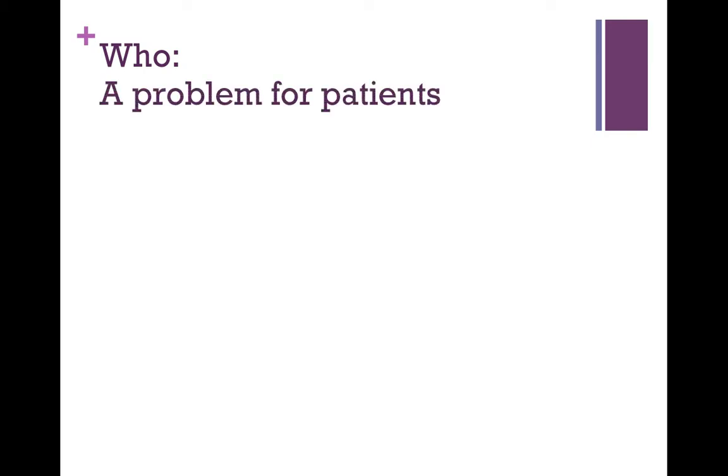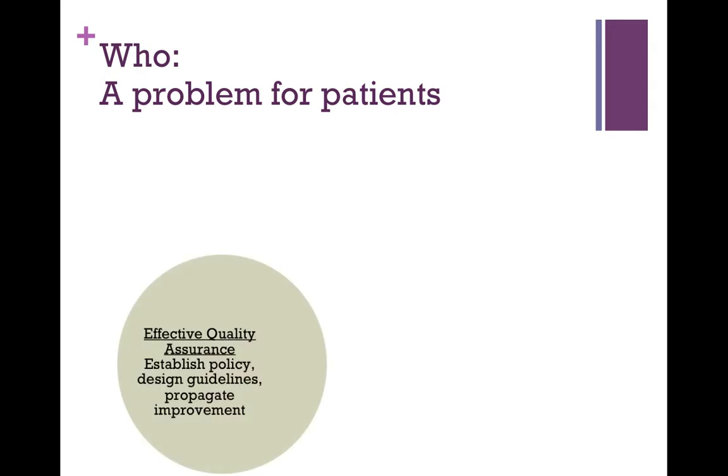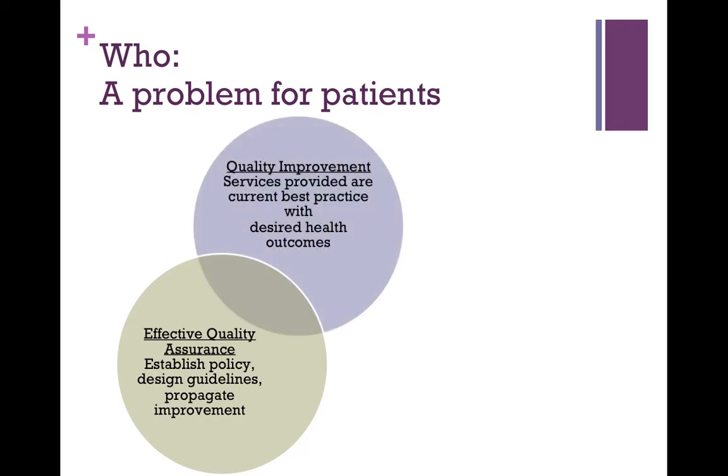So let's start off with a bit of background and discuss who this is a problem for. First and foremost, this is a problem for patients. Quality assurance is intended to help establish policy, guidelines, and propagate improvements under the guise of providing health outcomes that are in line with current best practice and target a specific population.